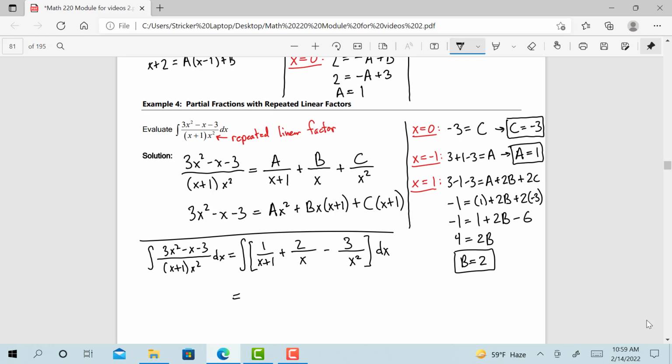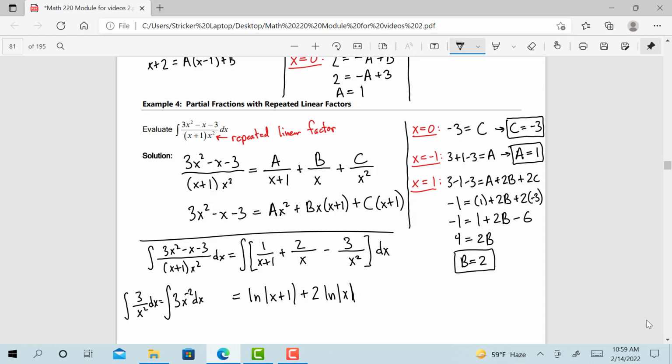And evaluating, we've done this a few times now, so 1 over x plus 1, we know that's the natural log of the absolute value of x plus 1. In a similar fashion, the next term is going to be plus 2 times the natural log of x. Then lastly, if we treat the last one, instead of the integral of 3 over x squared, we could treat that as the integral of 3x to the negative 2 dx, right?